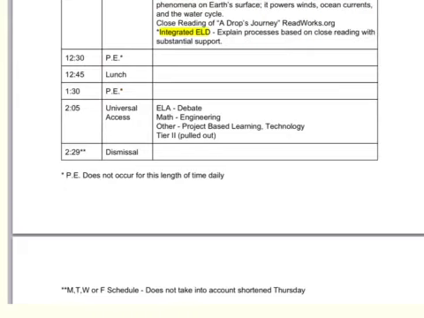And then it's a good time to start thinking about how the ELs will be integrated in this part as well, because they could be part of a debate group. They could excel in math and be part of the robotics engineering group, and then they can also express an interest in journalism or project-based learning.